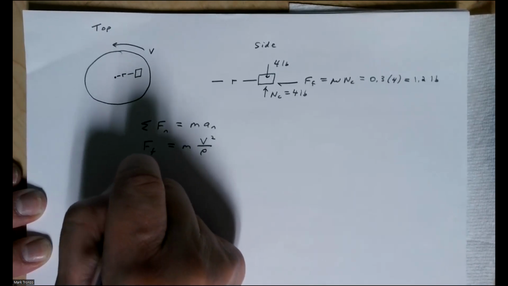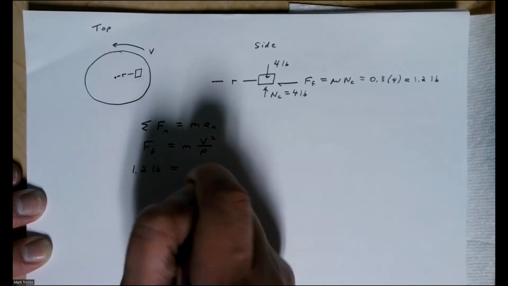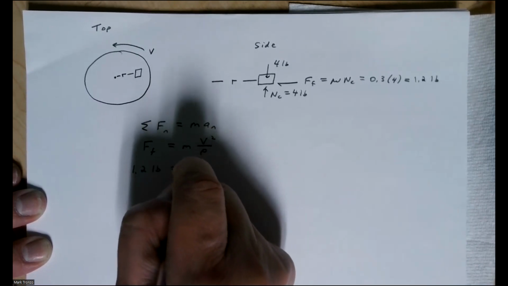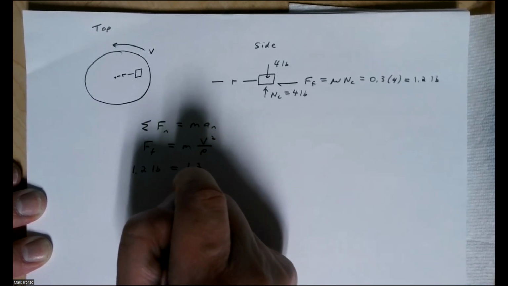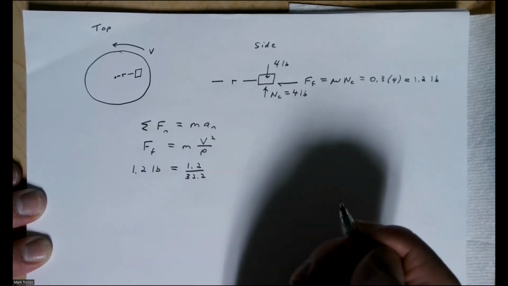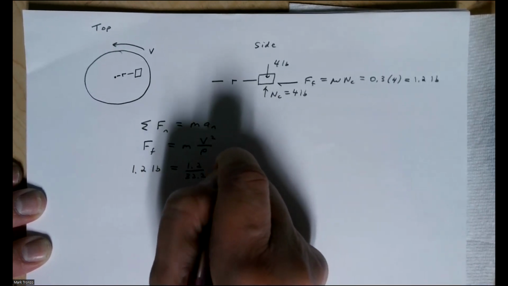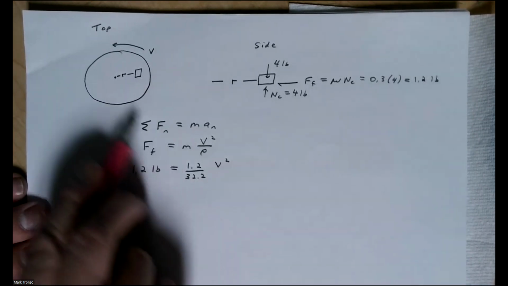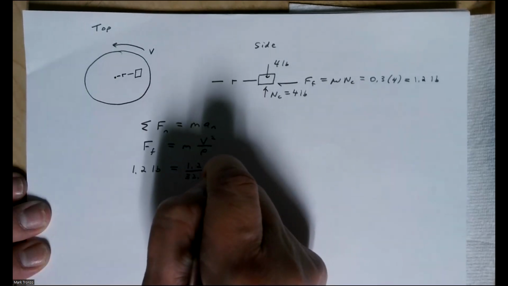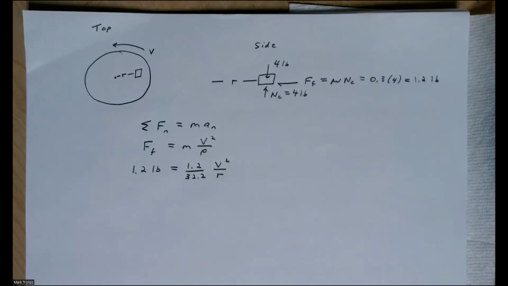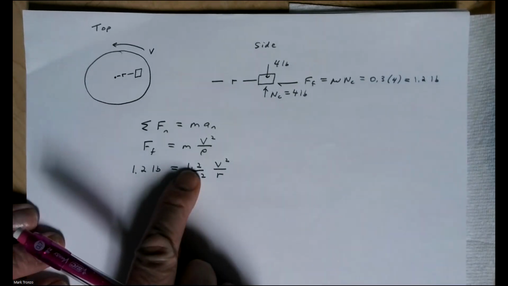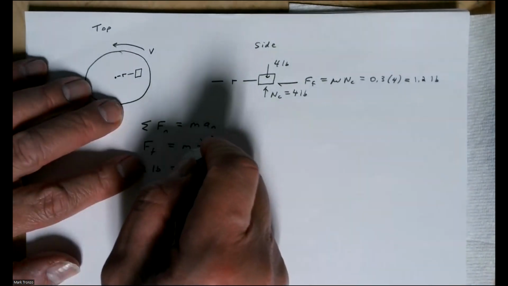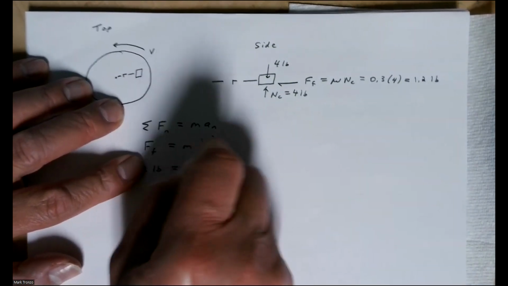And we have 1.2 pounds. And again, now when we put the mass in, we have to divide by 32.2 or 32.17, times velocity squared. And then again, our radius of curvature, they don't give us a specific number. Oh, and I made a mistake. I just realized the mass here should be 4 pounds, not 1.2.